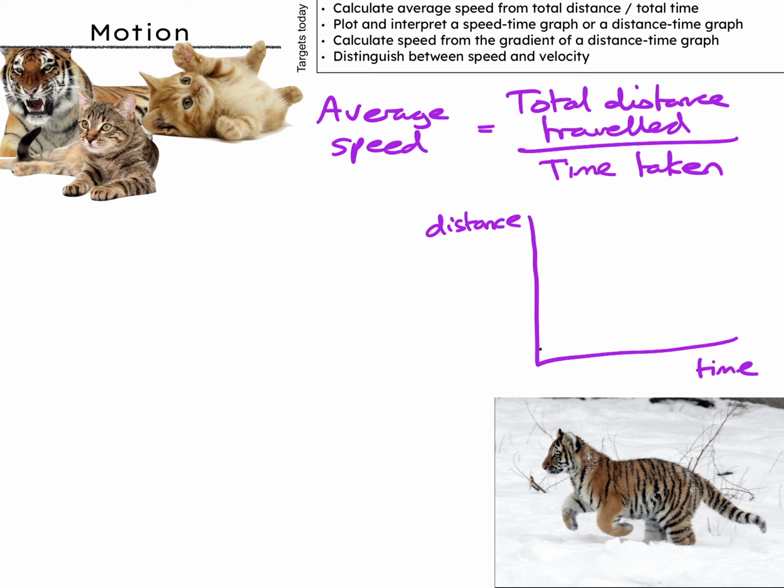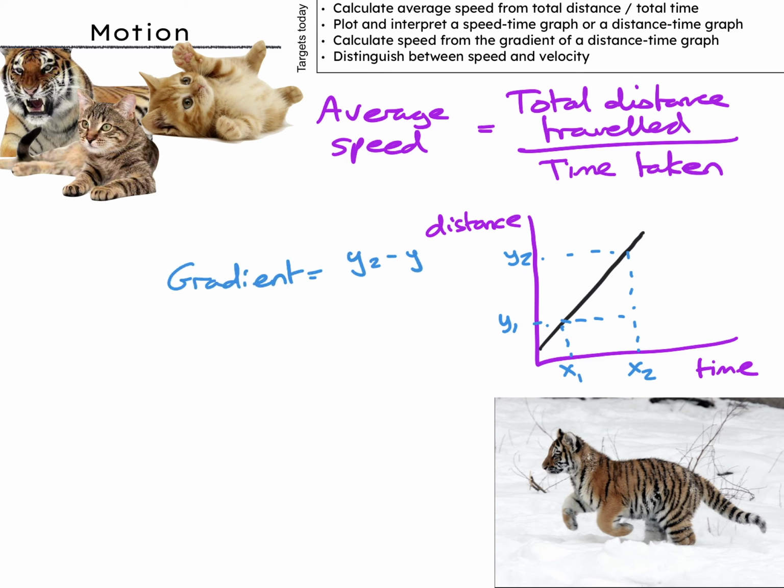We've got distance on the y-axis and time on the x-axis. If I calculate the gradient using rise over run, that's y2 minus y1 over x2 minus x1, or distance travelled over time taken. So the gradient is equal to the speed.